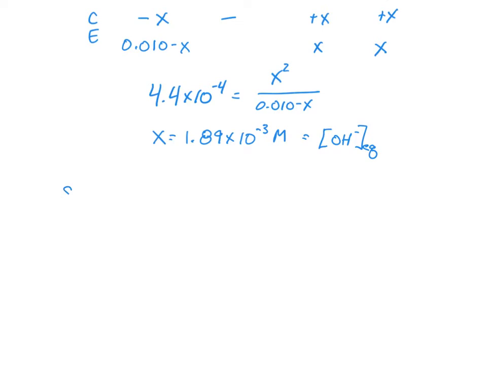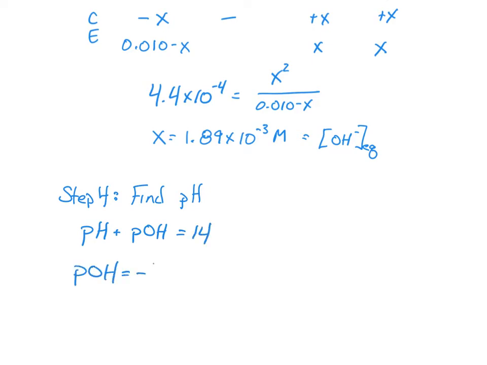So now we're ready for step 4, which is find the pH. So to do this, what I'm going to use is the relationship that pH plus pOH is equal to 14, and pOH is equal to the minus log of the hydroxide concentration at equilibrium.